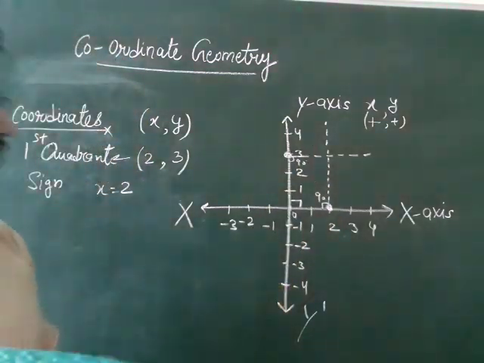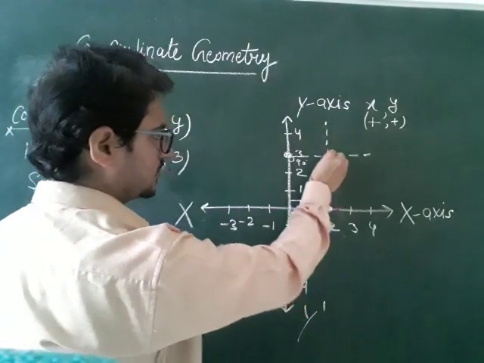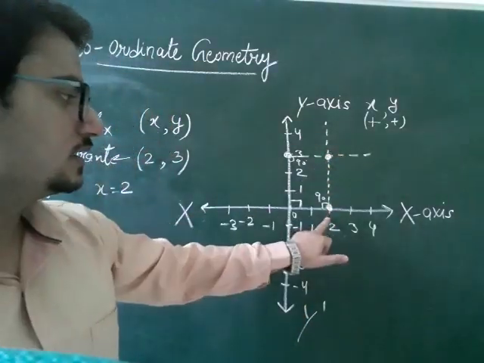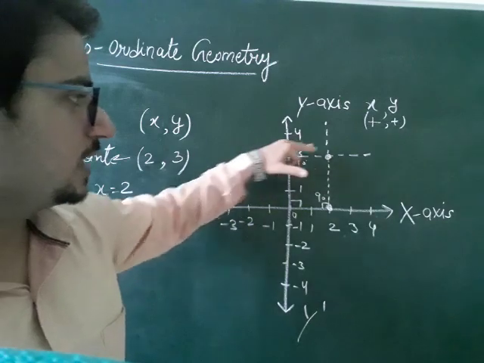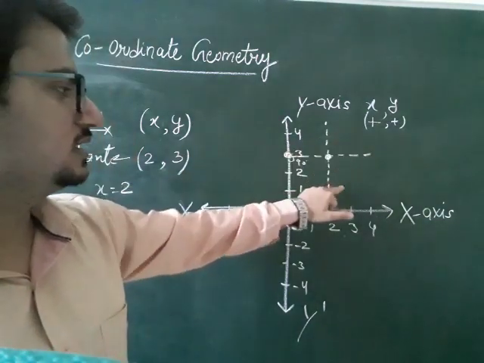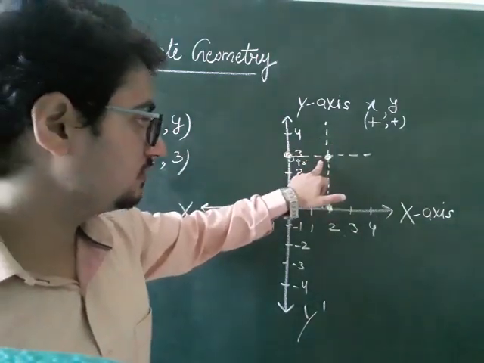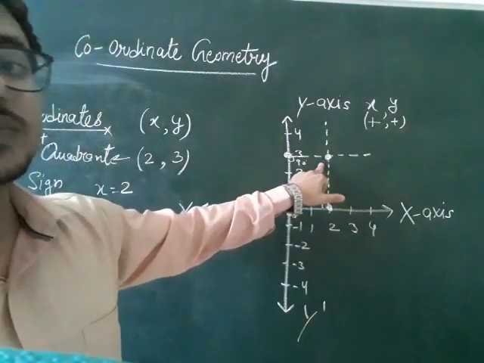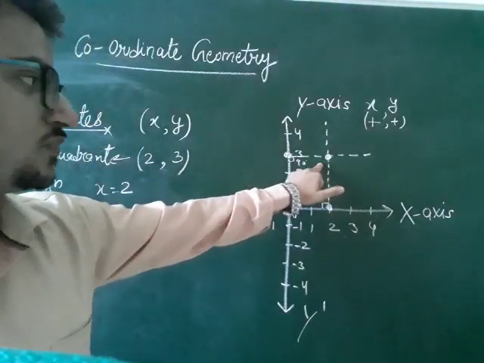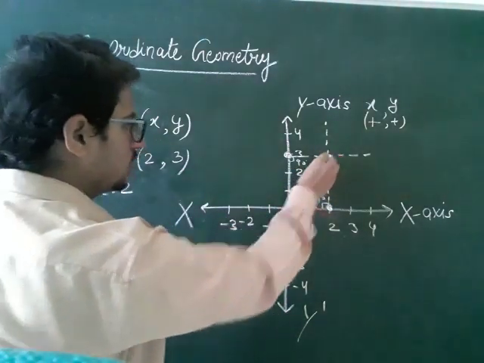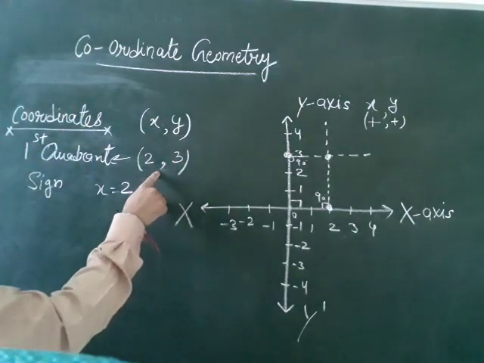The point where these perpendicular lines meet or intersect each other will be your required coordinate (2, 3).